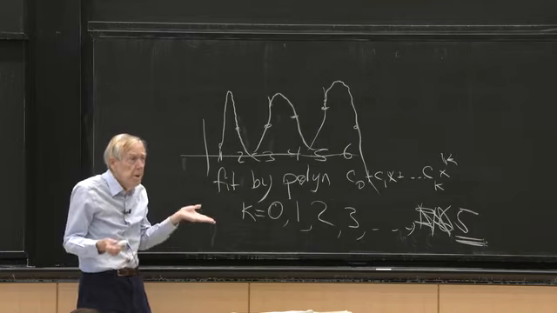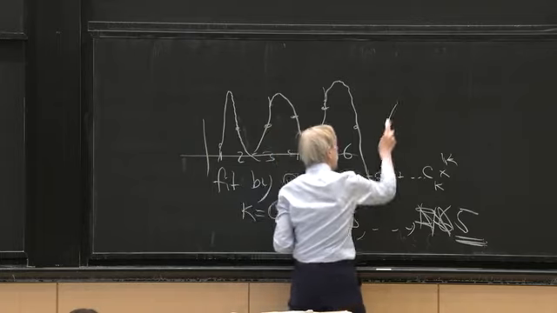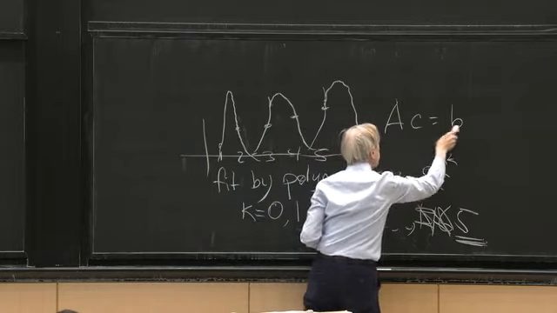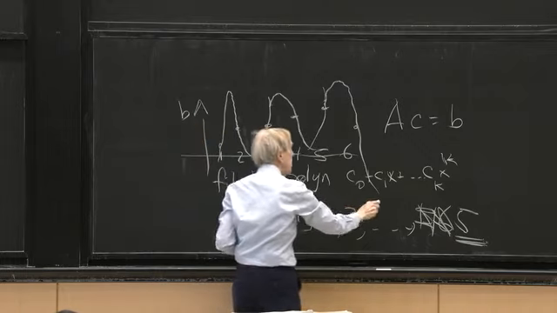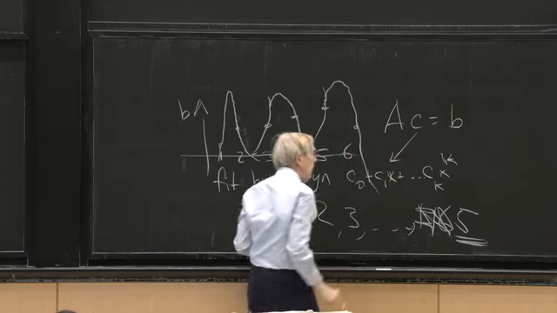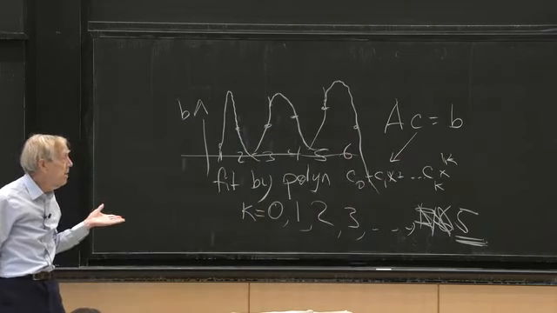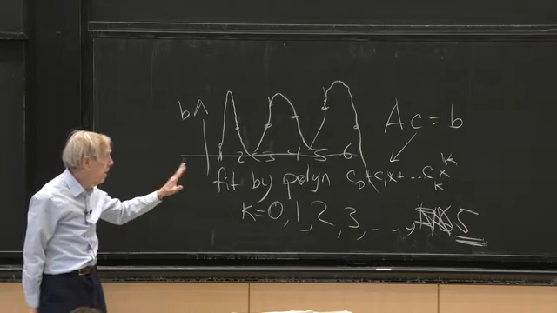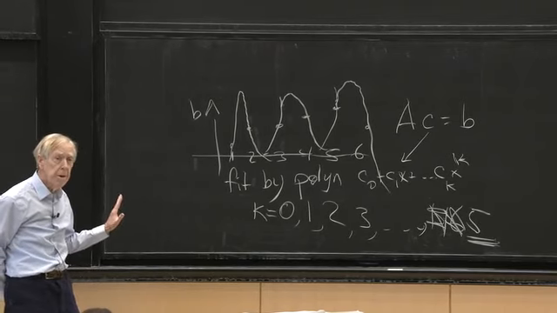You're not really needing to use least squares. You can solve Ac equals b, where c is the vector of coefficients, and the matrix A is bad news when it's 6 by 6, when you get up to a complete fit.